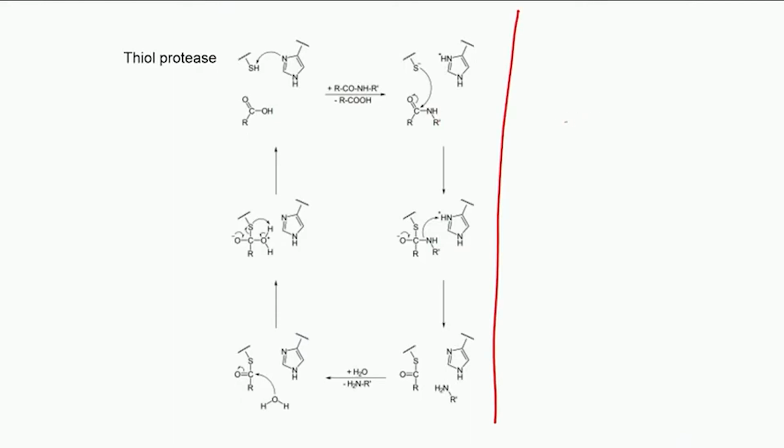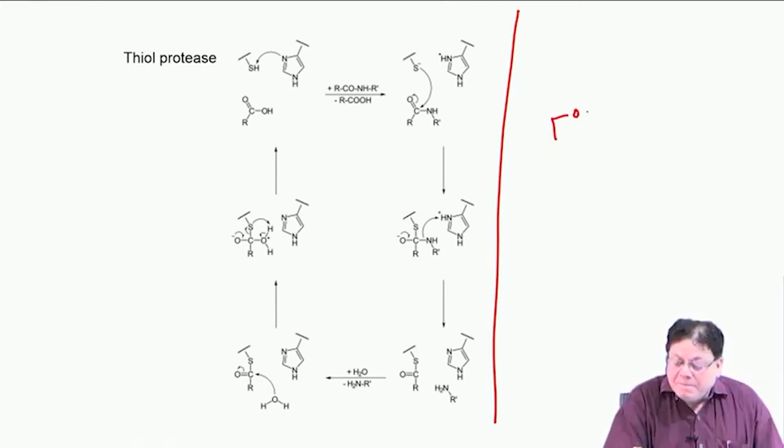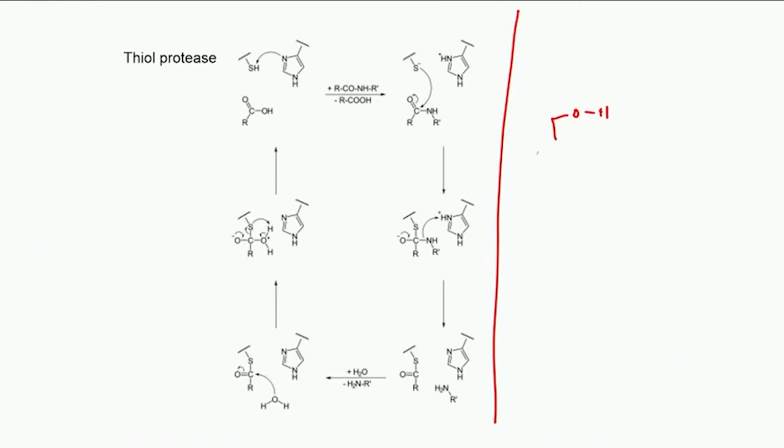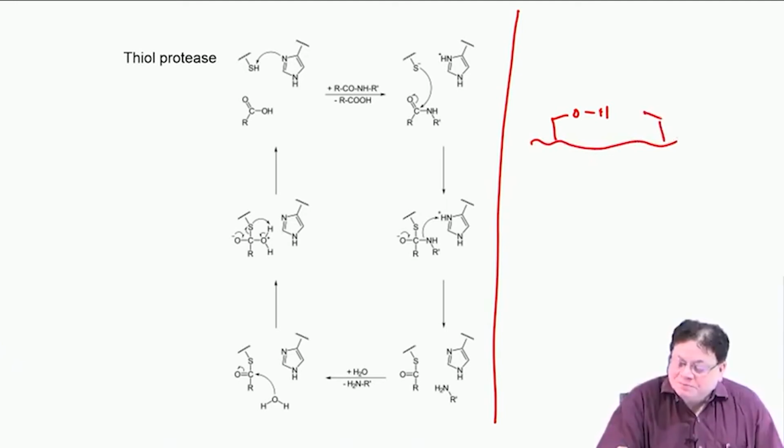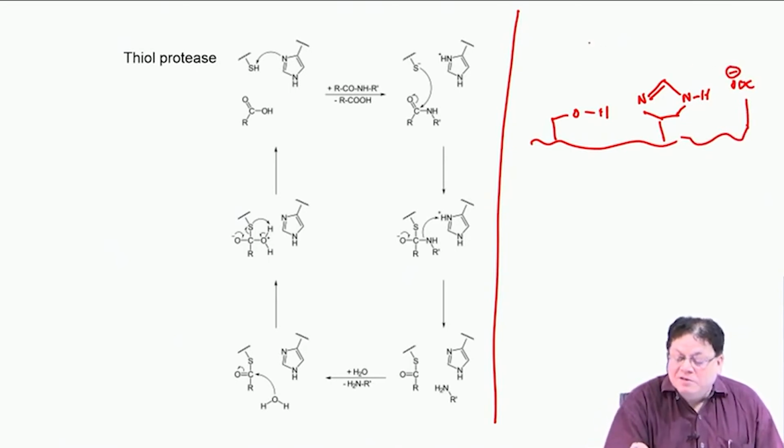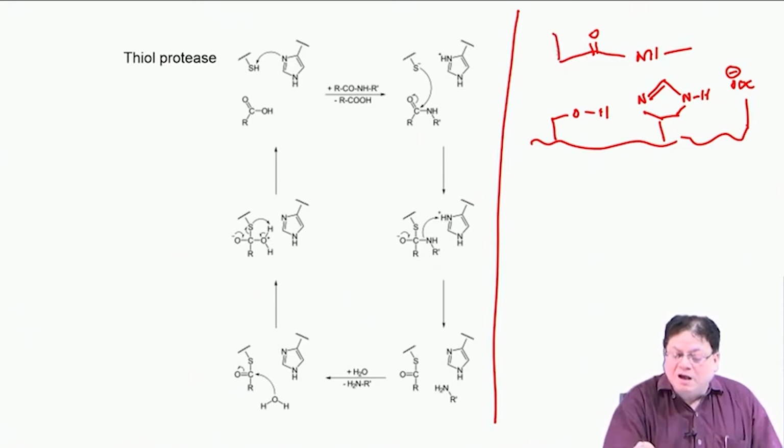So, what we are saying is that there is a serine, there is a histidine, and then there is an aspartate. We are writing COO minus, and here is your peptide bond. Remember, if it is chymotrypsin, then this R is some aromatic group.